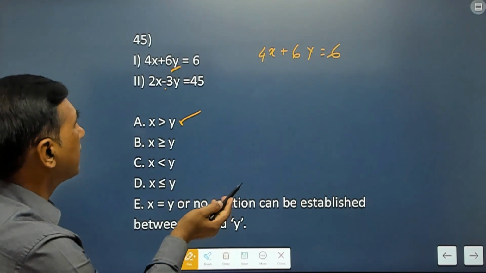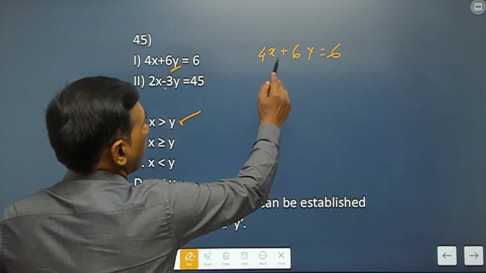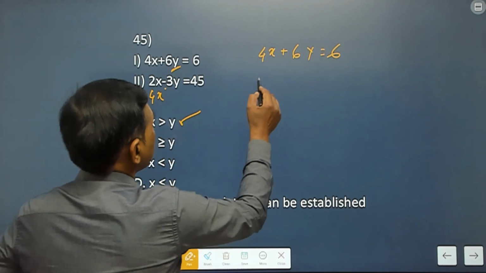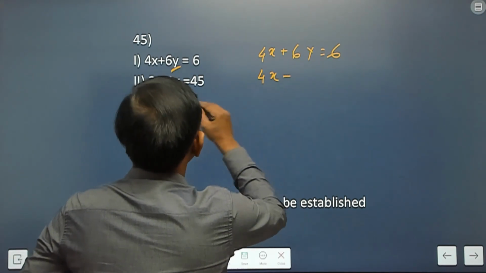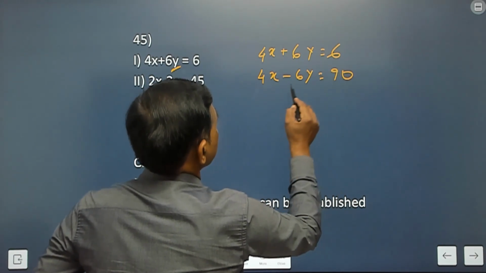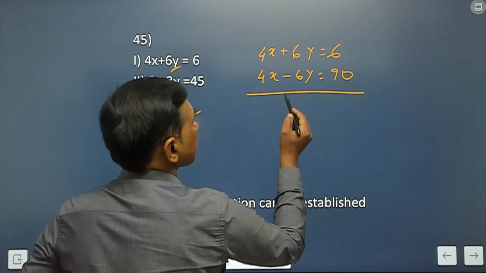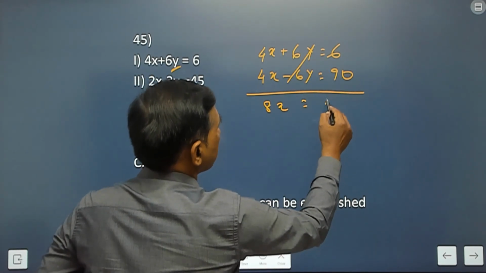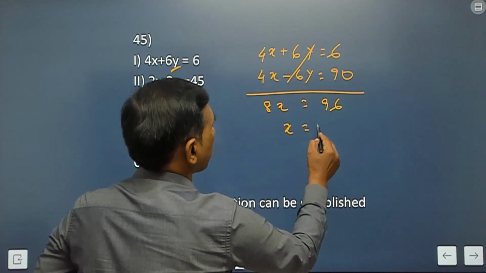If you calculate it, then 4x plus 6y is equal to 6. You double the second one, so 4x minus 6y is equal to 90. So if we add it, then 8x is equal to 96. So x is equal to 12.